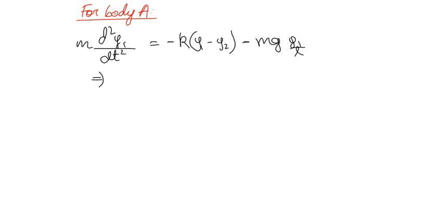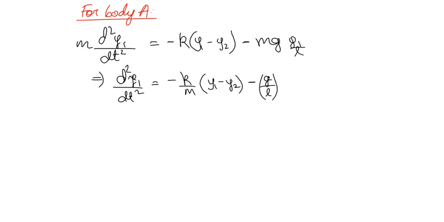Or you can write d square y1 by dt square is equal to minus k by m times y1 minus y2, we are dividing both sides by m, minus g by L times y1.